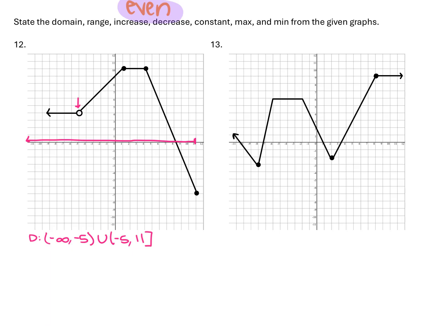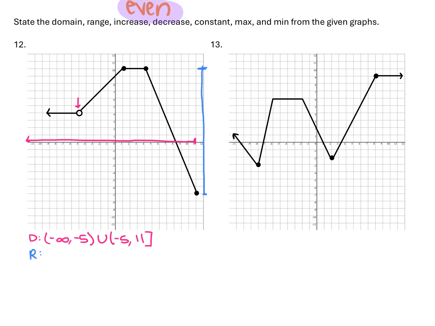Your range are your y values. So your y values are starting from the lowest of negative 7 and going up to the highest of 10. Your range, although that open circle is in there, because it is filled in here, that y value is covered, so it includes it.